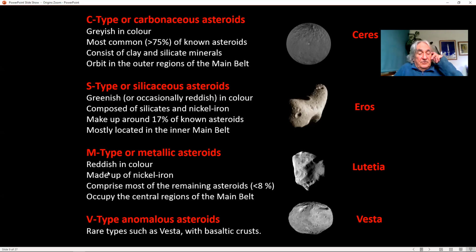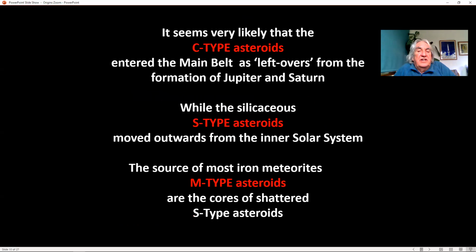Then you have the M-type asteroids, and they are literally just lumps of metal. It's considered they are probably the cores of disrupted larger asteroids. And lastly, the V-type, or anomalous asteroids, which include Vesta, that's why they're V-type, and they have a basaltic crust. In other words, in many ways, they're like a proper miniature planet with a full differentiation.